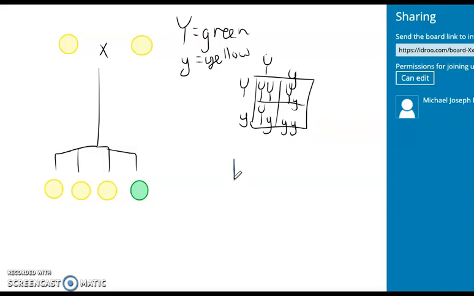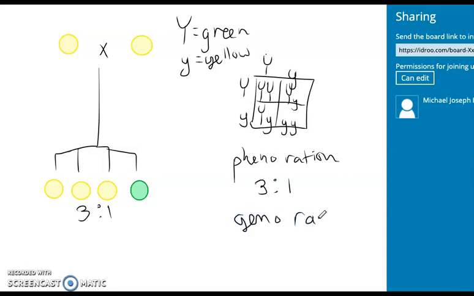And the phenotypic ratio would be a 3-to-1 ratio, because as we can see here, 75% yellow, 25% green, right? The genotypic ratio, remember, would be 1 to 2 to 1.